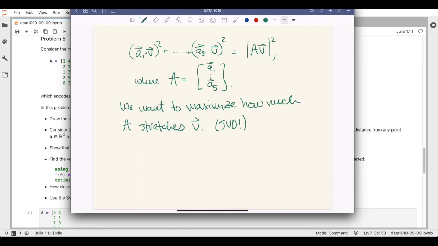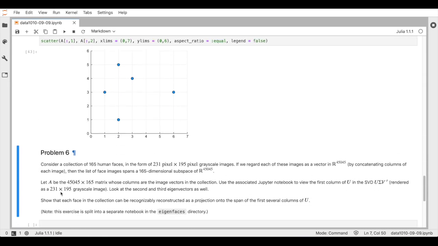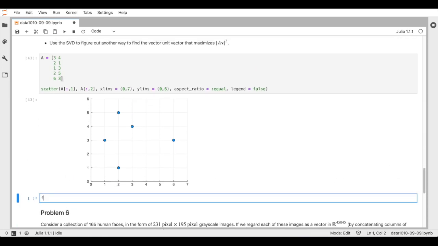The vector that gets stretched the most is the first column of capital V, the matrix in the singular value decomposition. So let's implement this a couple of different ways. One sort of by hand, and the other using the singular value decomposition. So here's the by hand way.